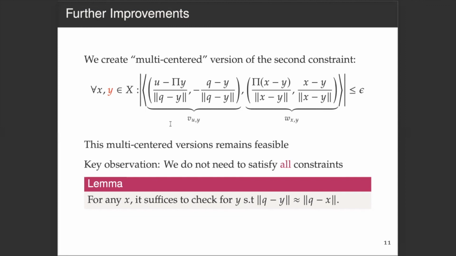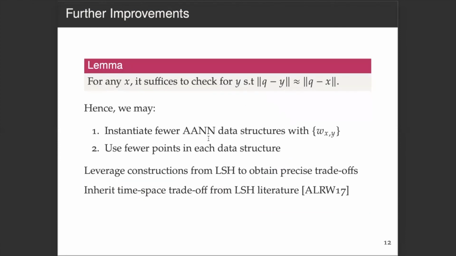And the key lemma that helps us exploit this fact is that for any point X in the data set, to ensure that U preserves distances to X, it suffices to check the inner product constraint for some centering point Y, whose distance to Q is comparable to the distance of X to Q. This provides us with a couple of avenues for improving the space complexity of our data structure.